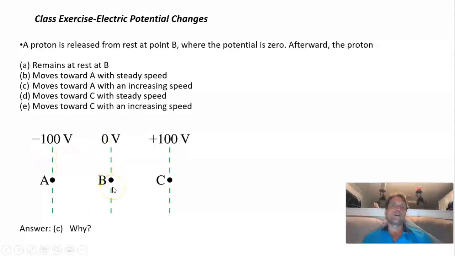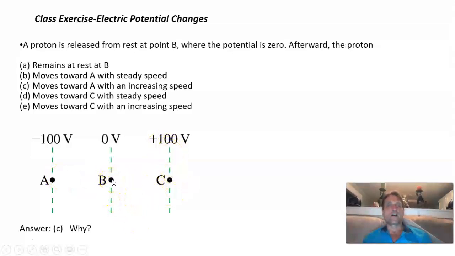Okay, so just for kicks, what if this charge were negative? What would it do then? Well, the negative charge is going to want to go toward a more positive potential. Just like the positive charge wants to go downhill, the negative charge wants to go uphill, right? It's more attracted toward the more positive potential.